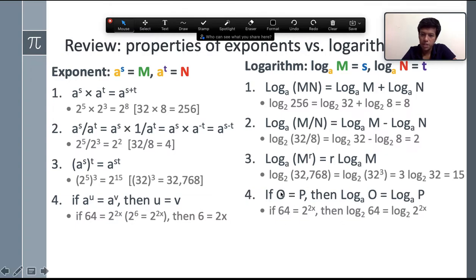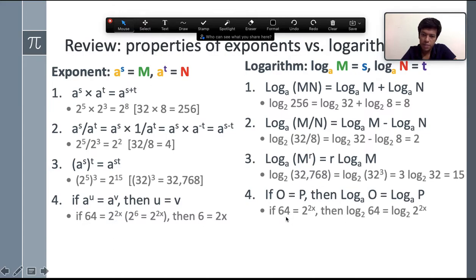Same thing goes here. If o equals p, then you can write log a base o equals log a base p. This rule is rigorously important in solving logarithmic and exponential equations, because it actually connects two sides of the equation. What does it mean?